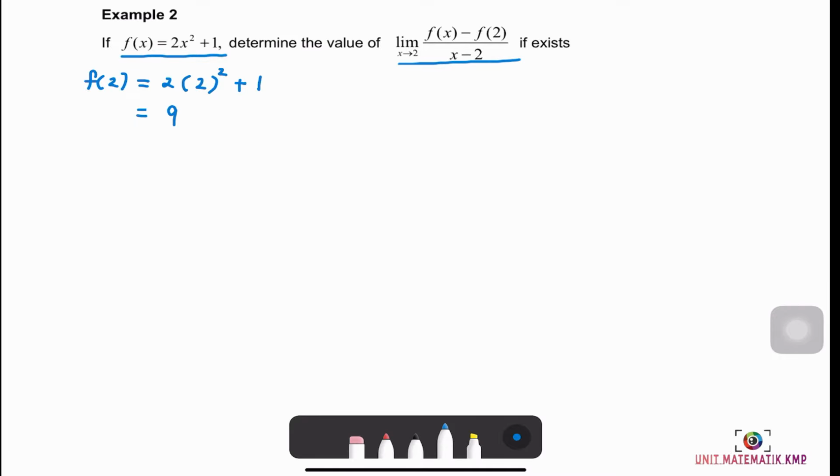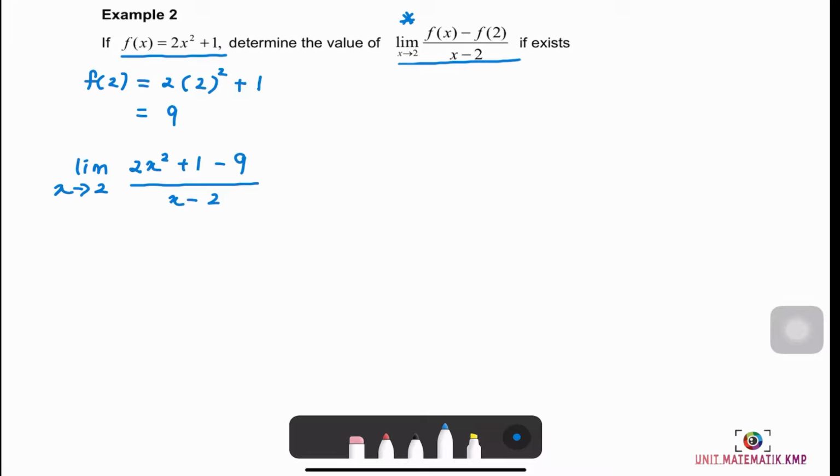Okay, so next step, we substitute this. We have the limit. What is our f(x)? Our f(x) is 2x squared plus 1 minus f(2), which is minus 9, over x minus 2, when x approaches 2.